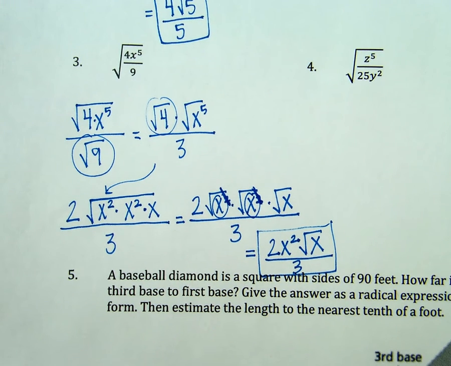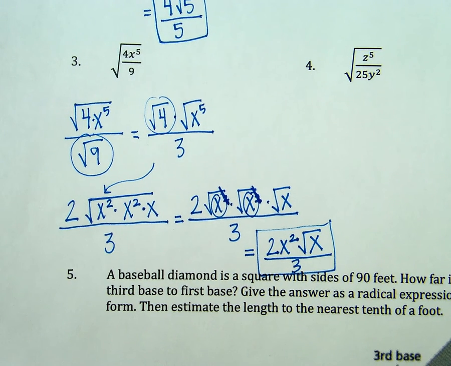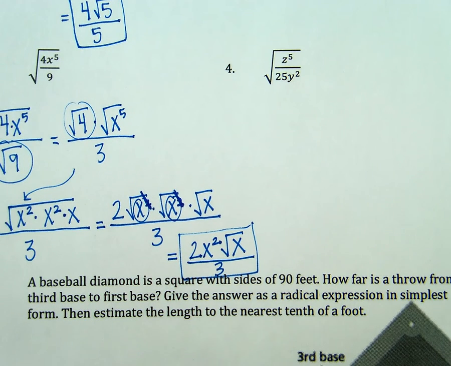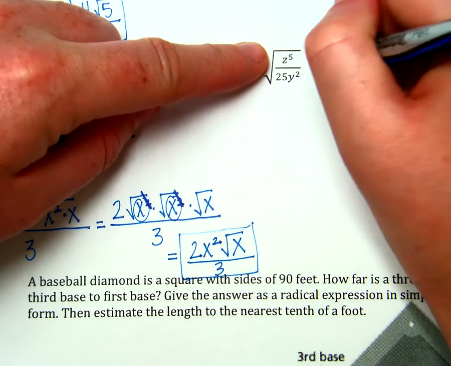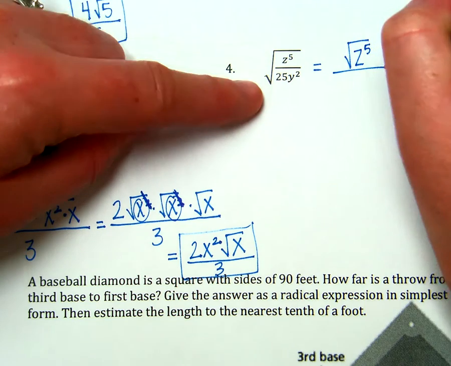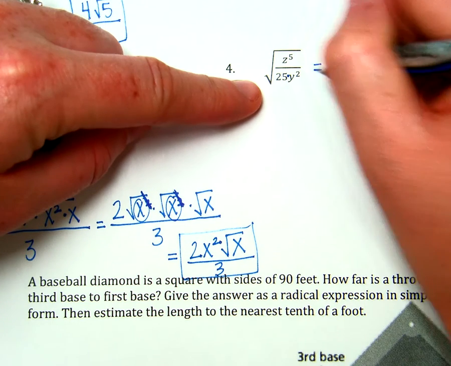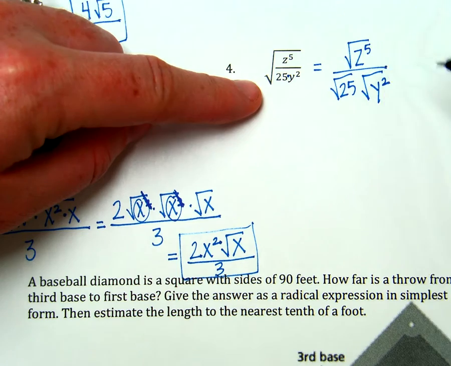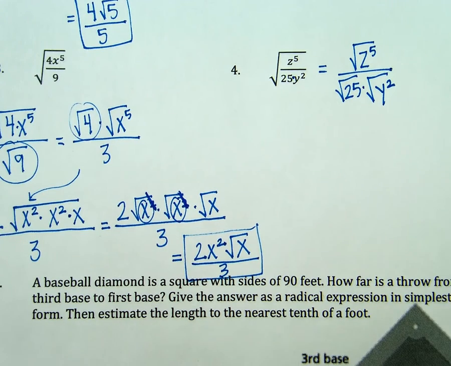All right, number 4. We've got z to the 5th over 25y squared and the square root of all of that. I can go ahead and start splitting this right now. So I can split this into a z to the 5th up top. And I'll go ahead and split this up right now and do the square root of 25 and the square root of y squared separately, just to avoid another line of work.